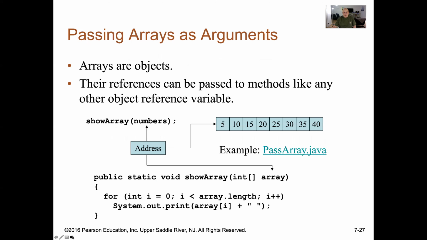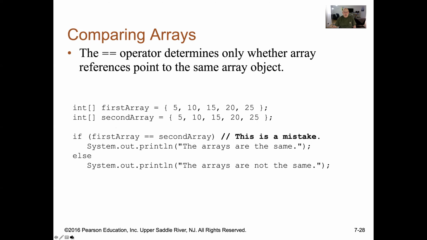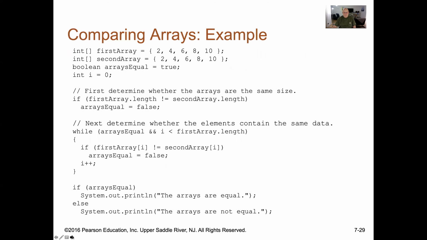Arrays are objects. Their reference can be passed to methods like any other object reference variable. Comparing arrays: the equal operator determines whether array references point to the same array object. This is the code.